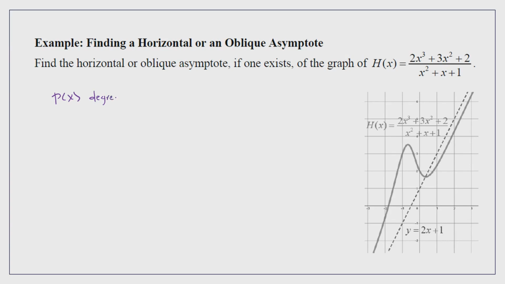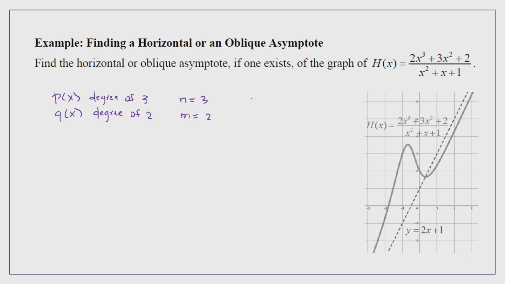Has a degree of 3. And q of x, which is the polynomial of our denominator, has a degree of 2. So that means n equals 3 and m equals 2.